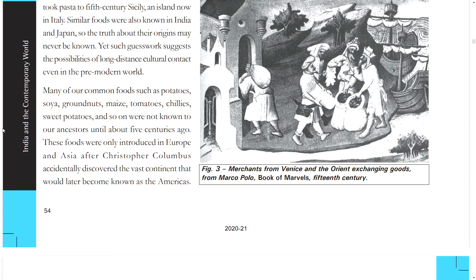Many of our common foods such as potatoes, soya, groundnuts, maize, tomatoes, chilies, sweet potatoes and so on were not known to our ancestors until about 5 centuries ago. These foods were only introduced in Europe and Asia after Christopher Columbus accidentally discovered the vast continent that would later become known as the Americas.